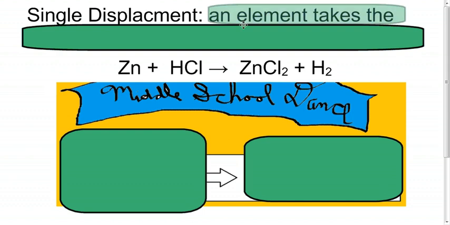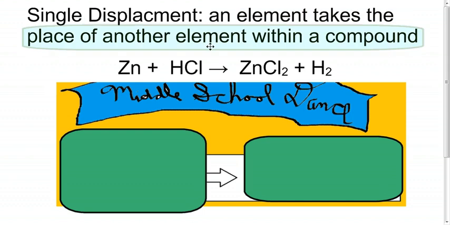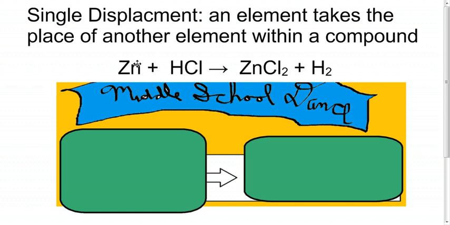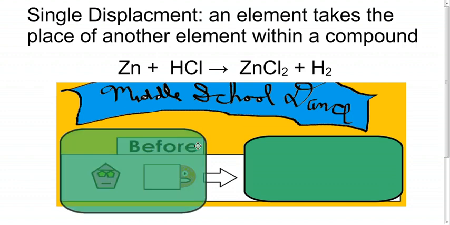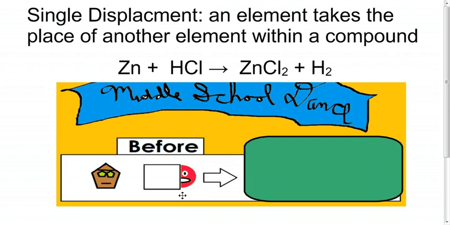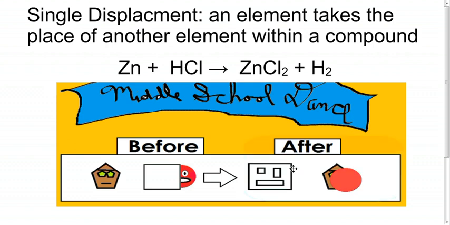So an element takes the place of another element within a compound. So the zinc takes the place of the hydrogen and now bonds with the chlorine, and the hydrogen goes off. At a middle school dance, this is like 2 people are dancing and a third party comes along and takes the place of one of the other parties.